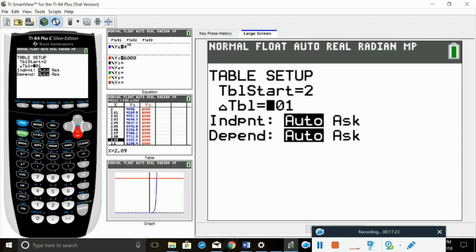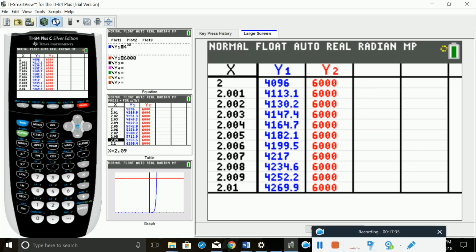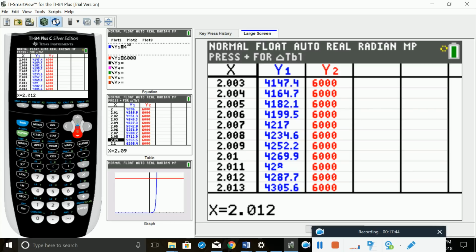If you want an even more accurate answer, you go back to your table set and make your x change by 0.001. And then go back to your table. And now you can see my x values are really changing there.